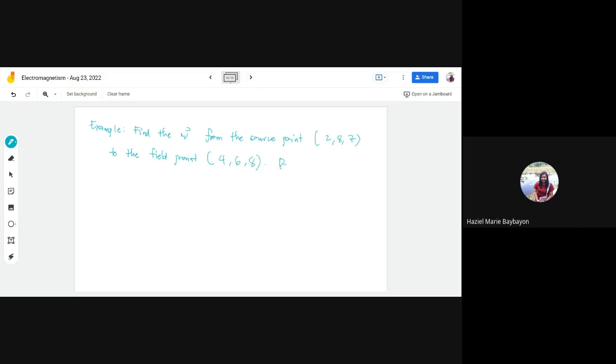Determine its magnitude r and construct the unit vector r hat.